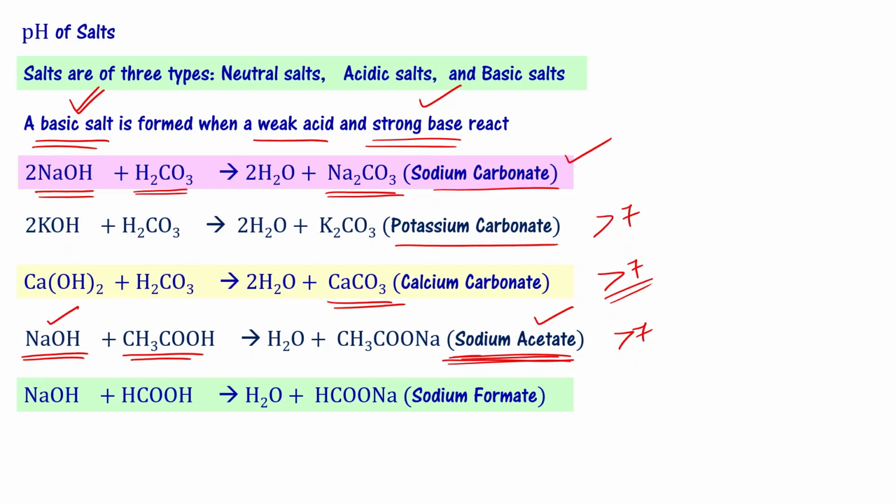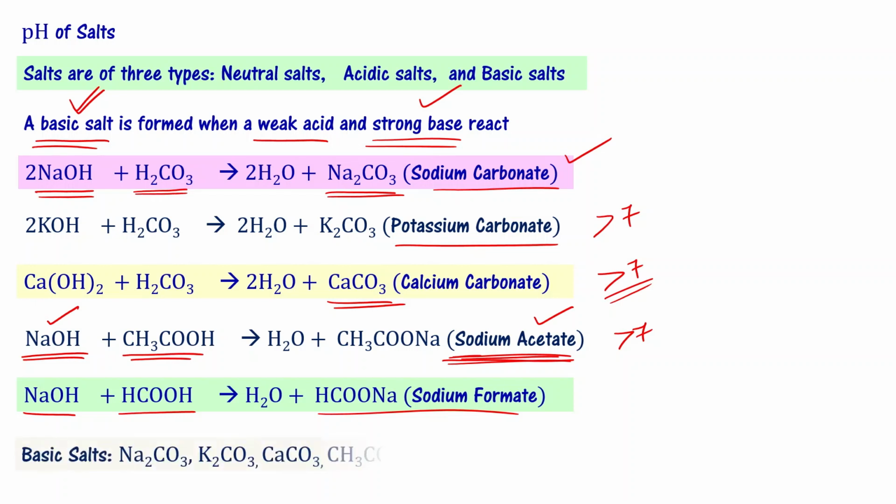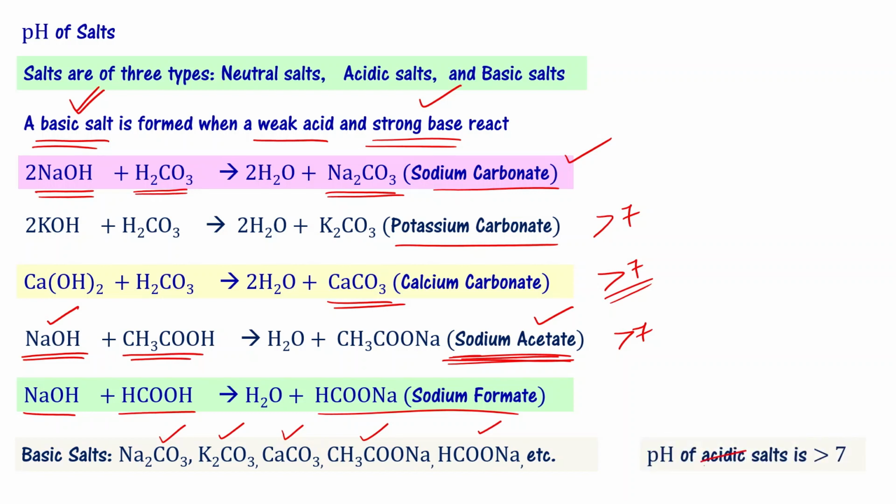Sodium formate forms due to the reaction between NaOH and formic acid. This is also a basic salt. So, a few examples of basic salts: Na2CO3, potassium carbonate, calcium carbonate, sodium acetate, sodium formate, and a few more. The pH of basic salts is going to be greater than 7.